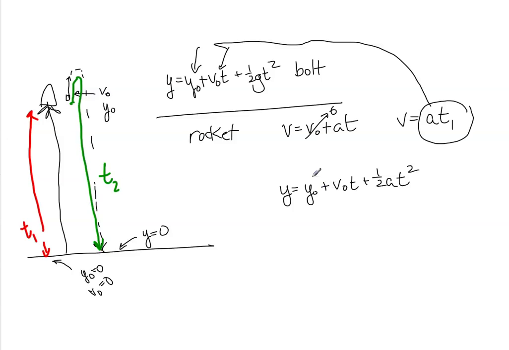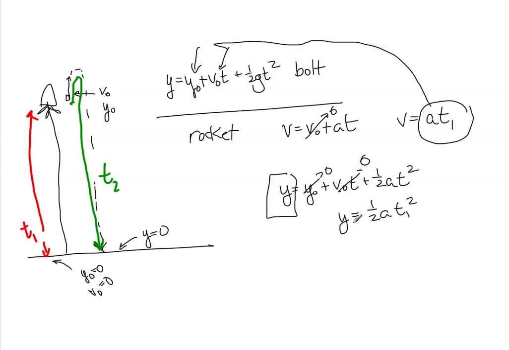Now this velocity is going to be the initial velocity of the bolt. Now, this right here, this y, is going to become the initial height of the bolt, right? As far as the rocket is concerned, we have y0 equal to 0 and v0 equal to 0. So the y at t1 is 1/2 a t1 squared.